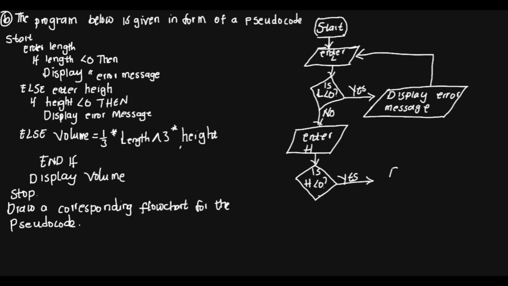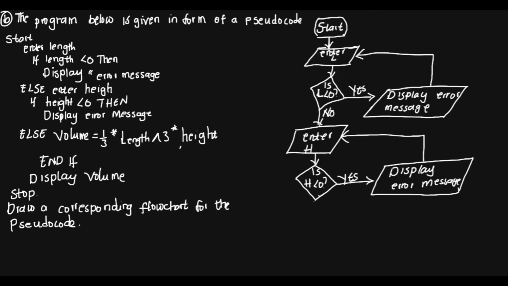So we are going to say display error message. So we need to re-enter a positive one. So we can just draw this arrow going here saying re-enter.